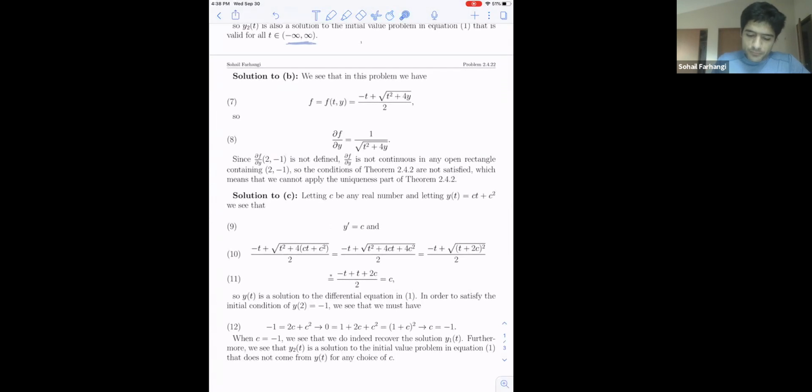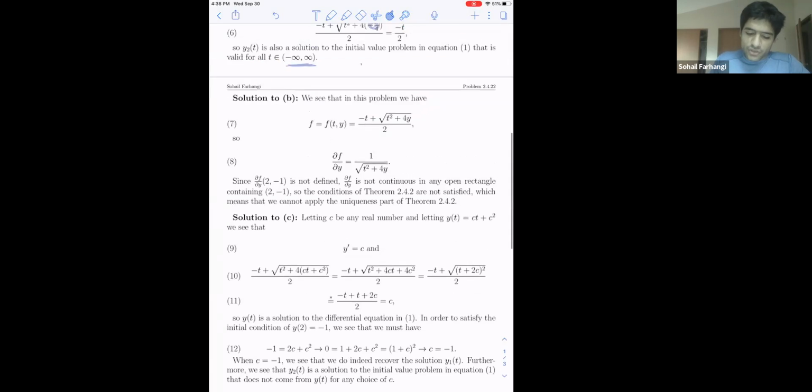So in the language of theorem 2.4.2, the function f of t, y that we have in this situation is going to be negative t plus square root of t squared plus 4y over 2.